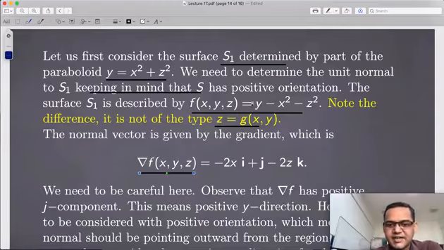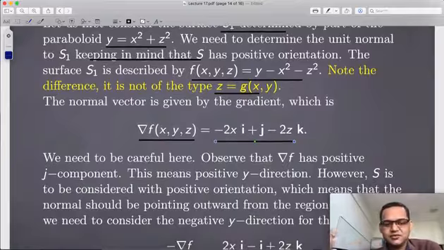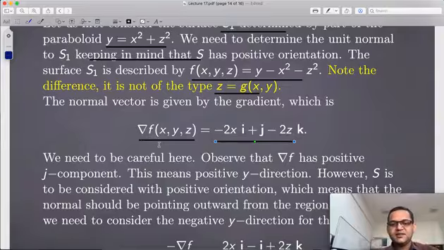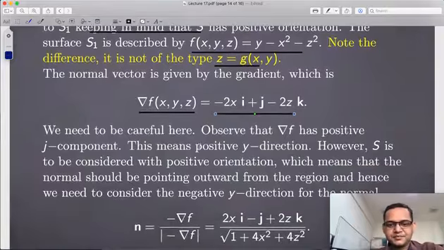When you compute the gradient, it's easy to write down: the partial derivative with respect to x, then y, then z. To get the unit normal vector, you have to divide it by the magnitude of this. But you see, it's written over here that this has a positive j component.